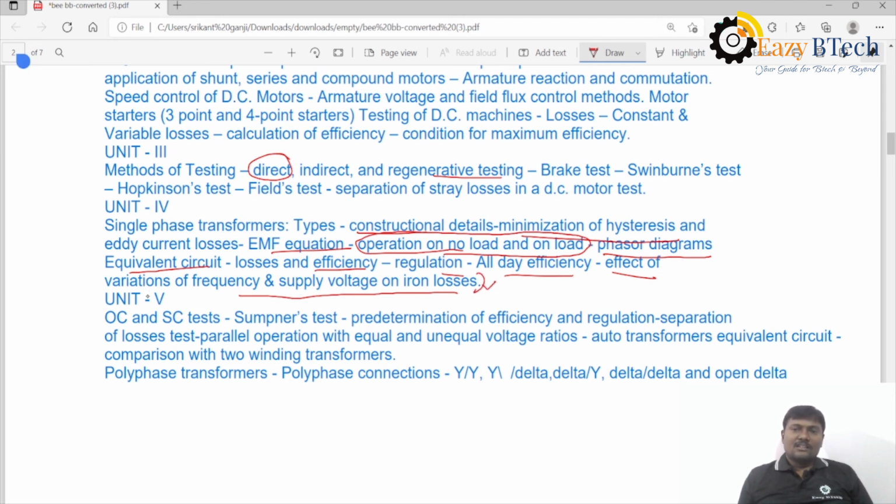And coming to the OC and SC test, Sumpner's test, and predetermination of efficiency, regulation, auto transformer, and polyphase connections.